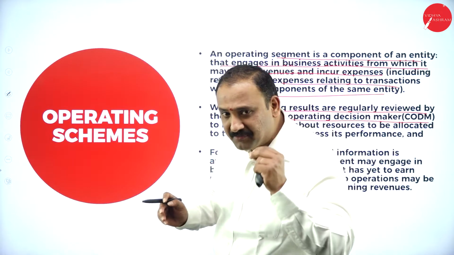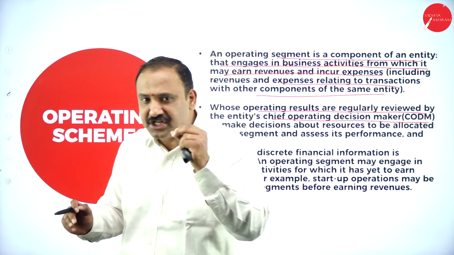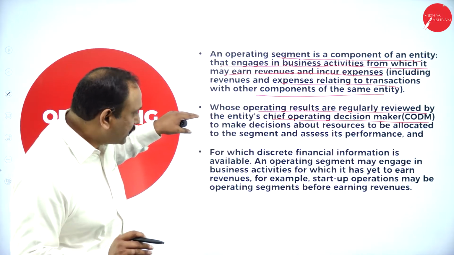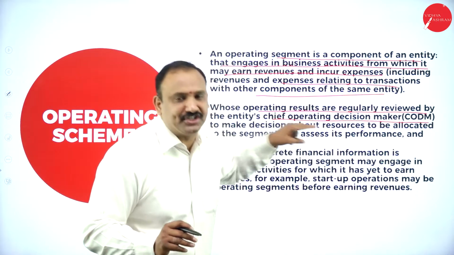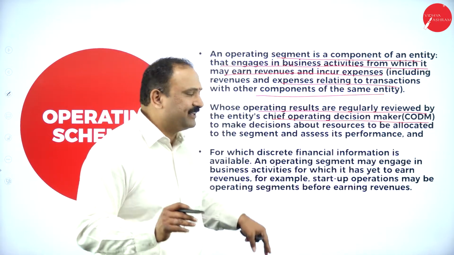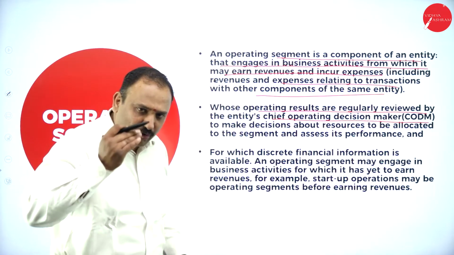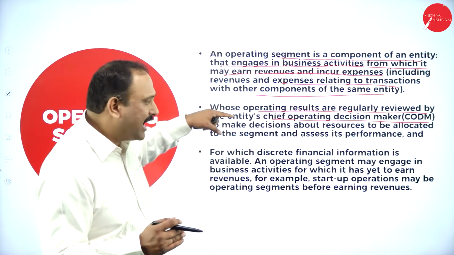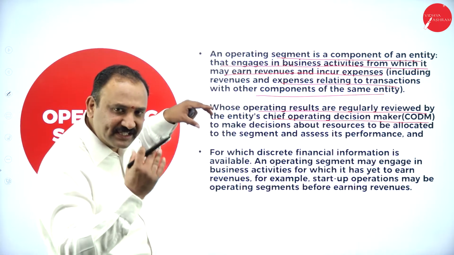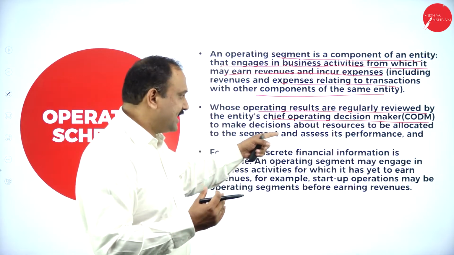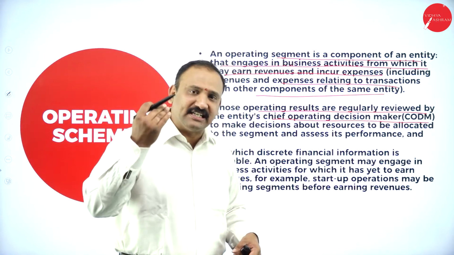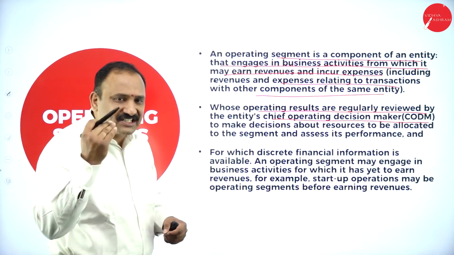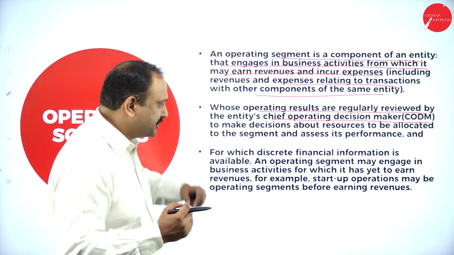So we are going to have a role called the chief operating decision maker, because this chief operating decision maker is going to make decisions about the resources that are to be allocated to the segment and assess its performance. So like the role of a COO, there is going to be a CODM who is going to allocate the resources. He is going to make decisions about the components that are involved in that, and he is going to assess the value, its performance, its outcome altogether, for which the discrete financial information is available.